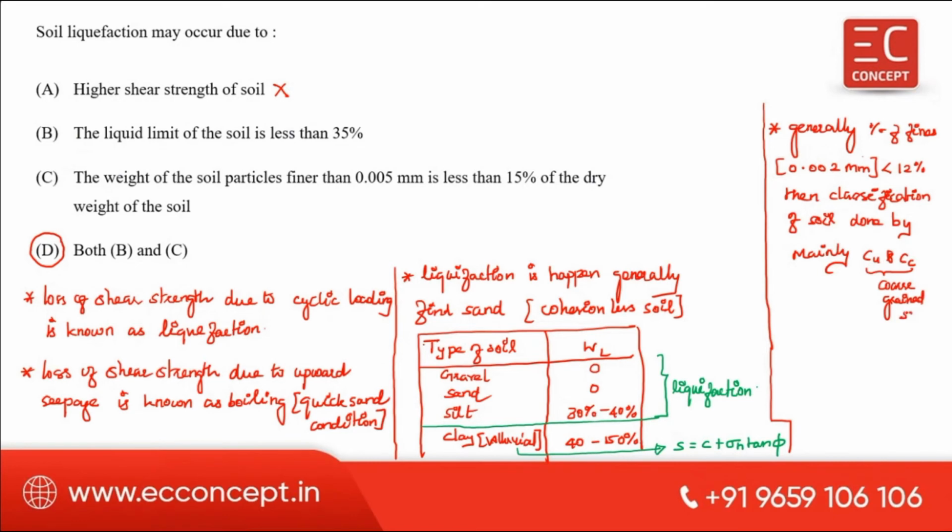But if the percentage of fines is greater than 12 percent, then classification of soil is done mainly by the plasticity chart.